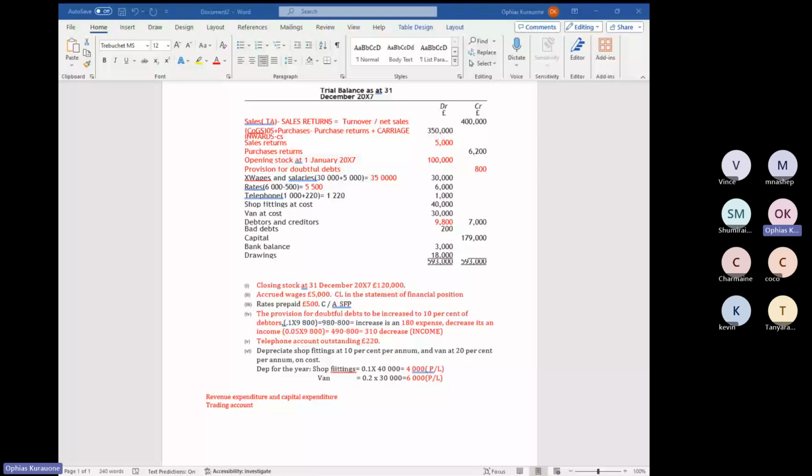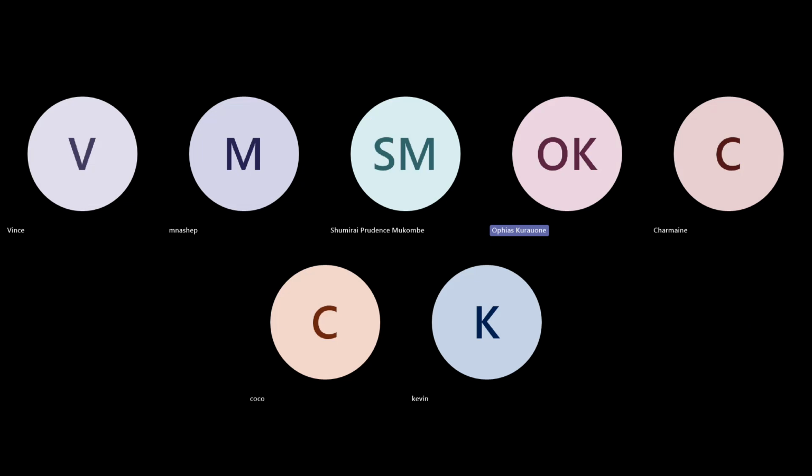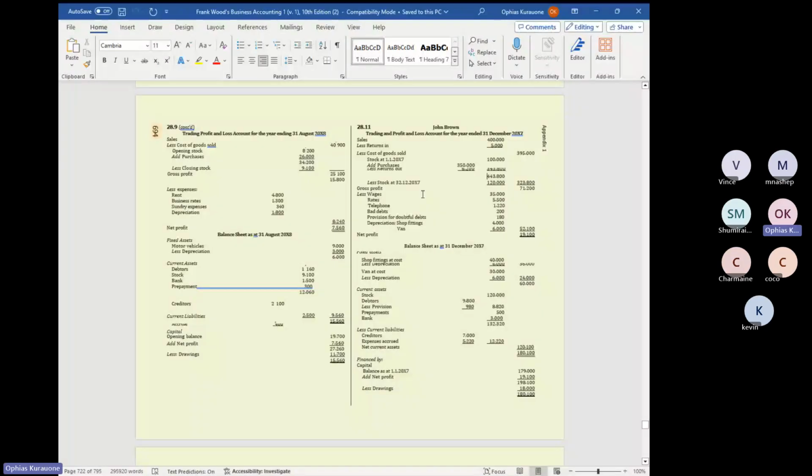So I was asking if there is any problem here, any area which needs clarification, we can look at that area, we can hammer that area. That is very critical. Let's look at the solution towards 28.11.